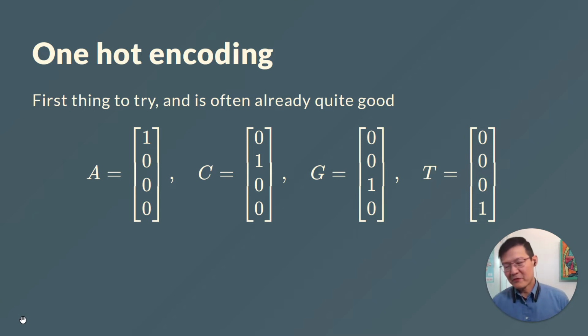Before you do anything else with these types of methods, you should first try doing something called one-hot encoding. In this particular case, we have a 4-letter alphabet, which means we need to represent a 4-dimensional vector, because there are 4 possibilities, and you just, for example, associate A with 1, 0, 0, 0, and so on and so forth, like on this slide.